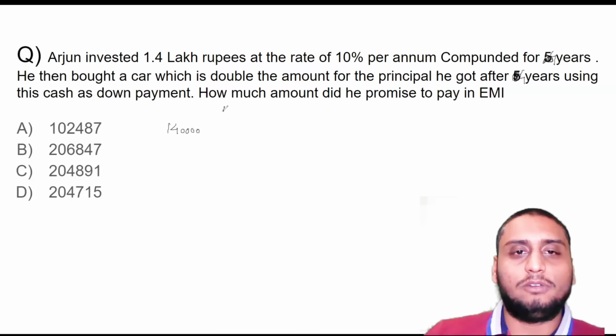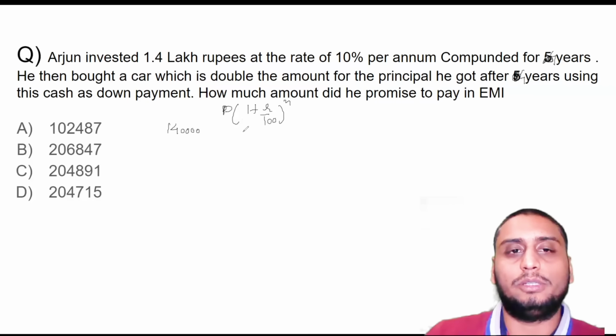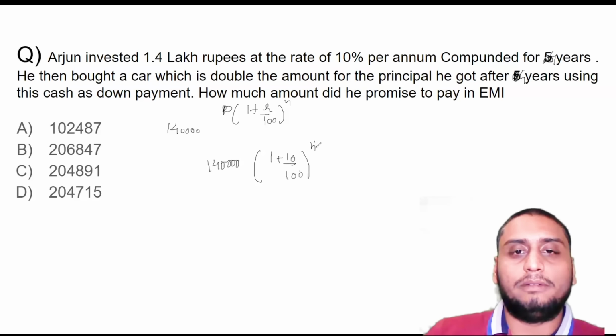So what is the formula for the amount in compound interest? This is the formula, right? P into 1 plus R upon 100 to the power n. So what is P? 1,40,000. What is the rate of interest? 10, to the power 4. Then 14. What would this be? Basically 110 by 100, so I'm cancelling out the zeros.